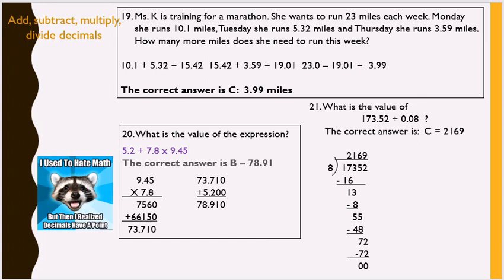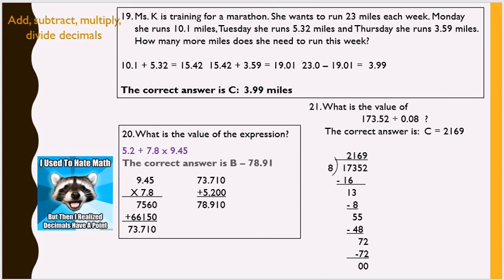Now we take that total and we add in how many miles that she ran on Thursday. 15.42 plus 3.59 equals 19.01. Now we know that she wants to run 23 miles in total, so we need to subtract what we know, 19.01 from 23.